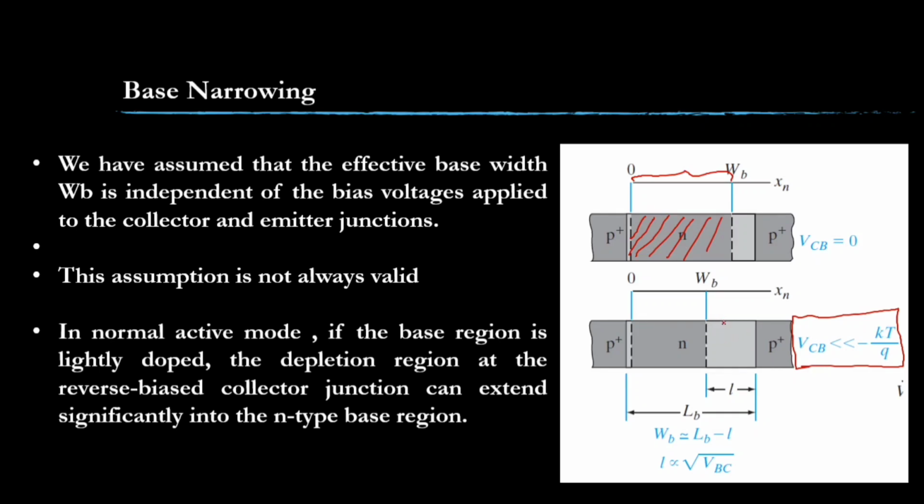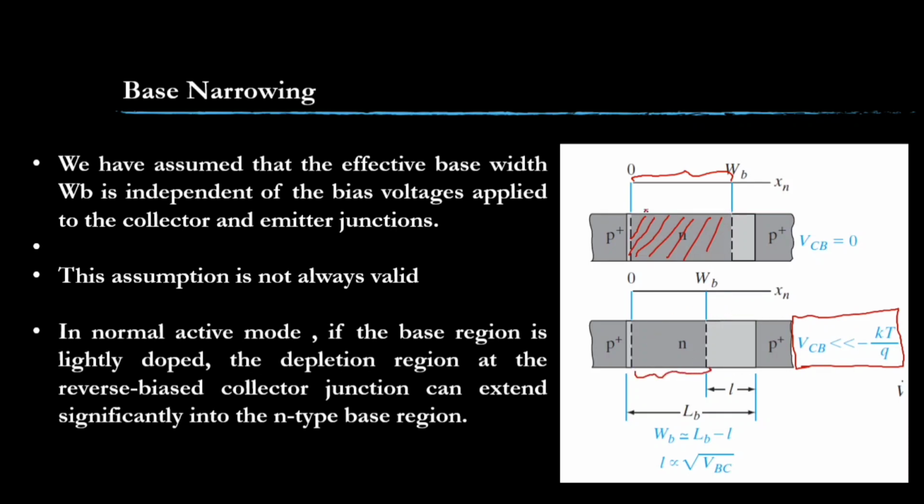But where will it find space to become wider? It is going to encroach towards the base region. More of the base region becomes part of the transition region. This is actually a normal thing: if you increase the reverse biasing, the base width is going to be narrowed.